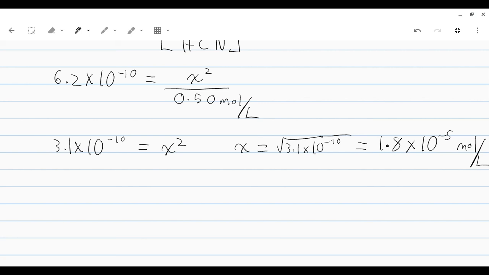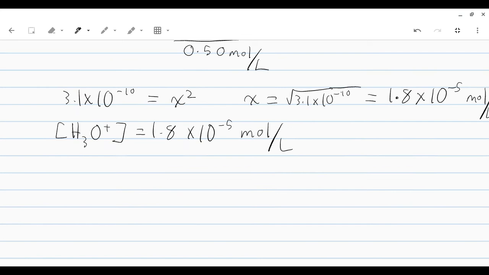Now that gives us the concentration of our hydronium ions. Also gives us the concentration of our conjugate base.